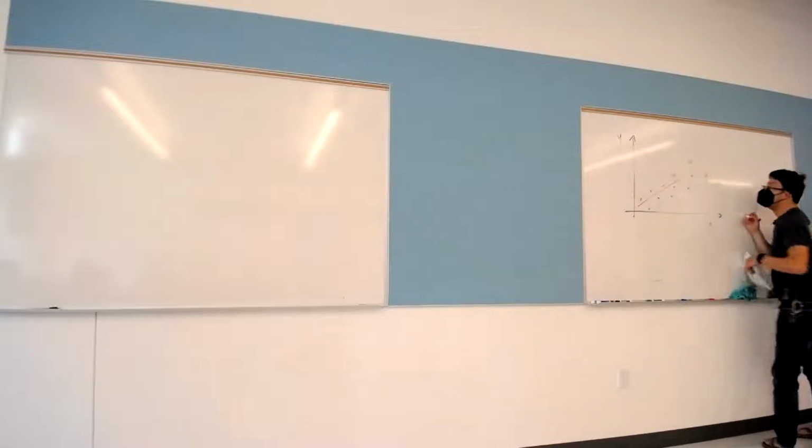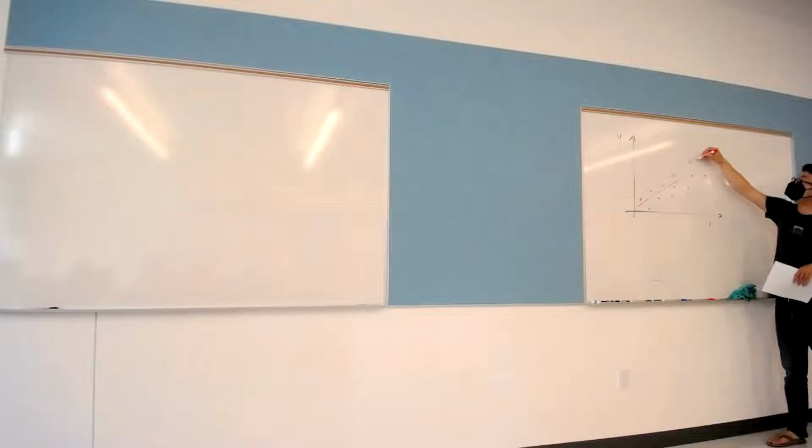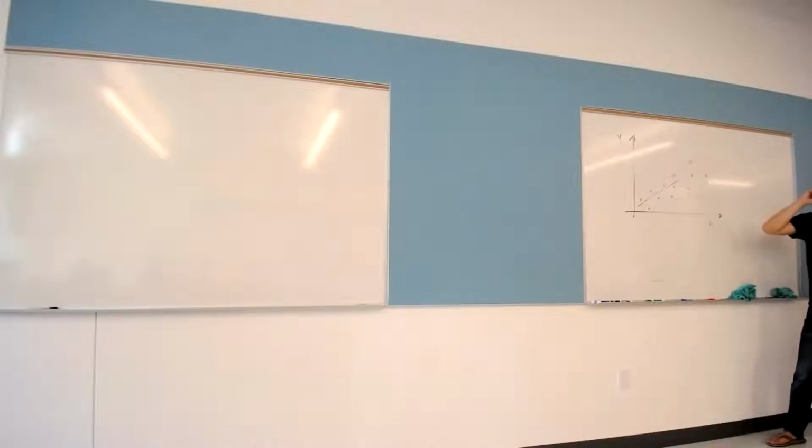However, if I were to do the distance from X to my line, what happens to the measurement of the distance below versus above the line? Yeah, they're going to cancel out, right? Because you have negative values here.